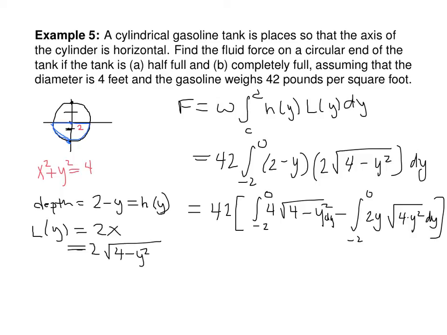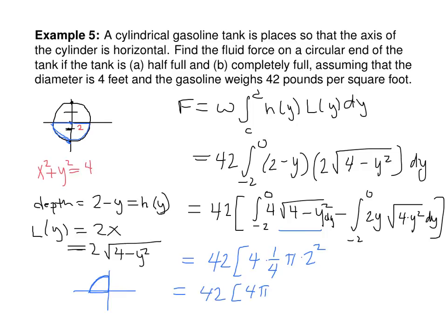Now, this first integral is now, instead of being a semicircle, a quarter circle, because my y's only go from -2 to 0. So the area of a quarter circle of radius 2, we will have 42 times 4 times 1/4 pi times 2 squared, or 42 times 4 pi, minus, now the second integral, -2 to 0, factor out that 2, y times the root 4 minus y squared dy.